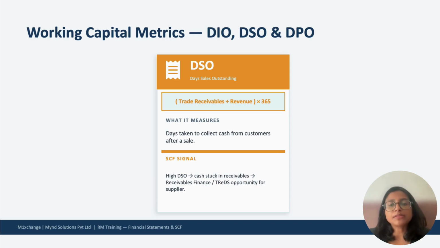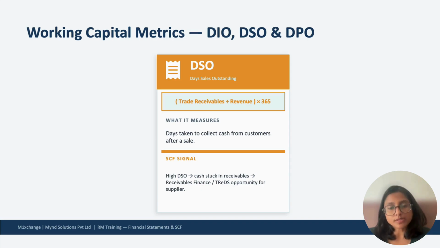So if it is an MSME supplier who has raised an invoice to a large customer and there are a lot of receivables sitting on its books, we can provide TReDS or invoice discounting to this MSME supplier. TReDS can be used to provide early payment on behalf of the buyer.